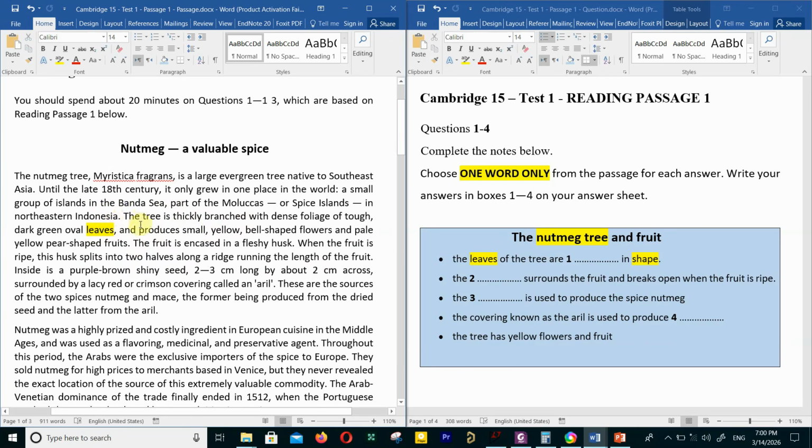Now I'm going to start reading carefully at the beginning. Okay, the tree is thickly branched with dense foliage of tough dark green oval leaves and produces small yellow bell-shaped flowers and pale yellow pear-shaped fruits.